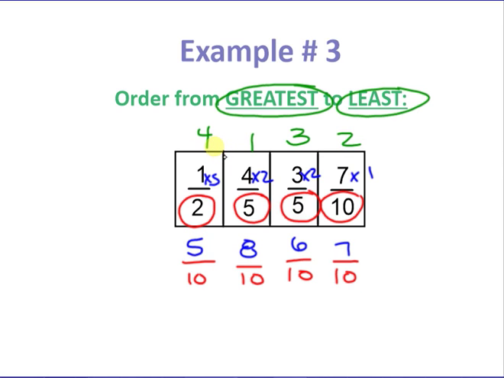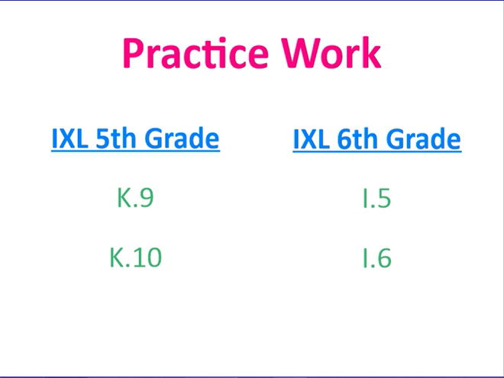All right. So here we go. We have, let's see, 4 over 5, 7 over 10, 3 over 5, 1/2. All right, now we are in good shape.